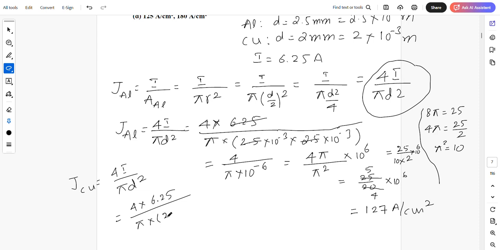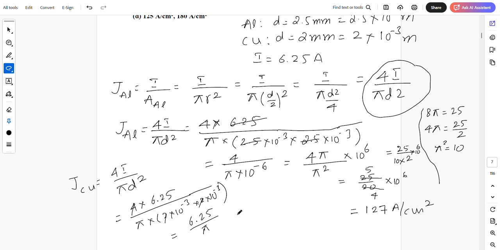Diameter is given 2. 2 into 10 to the power of minus 3 into 2 into 10 to the power of minus 3. Okay, this 4 gets cancelled, this 4 gets cancelled. 6.25 by pi. Understood?